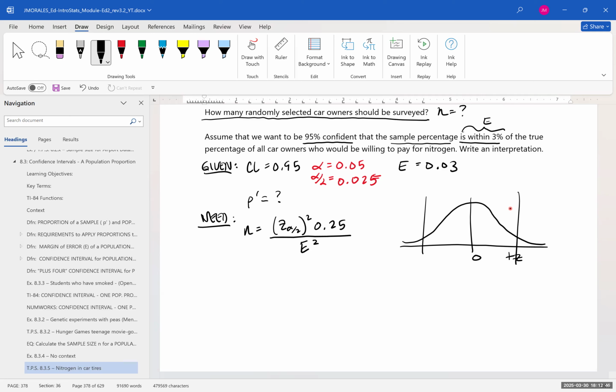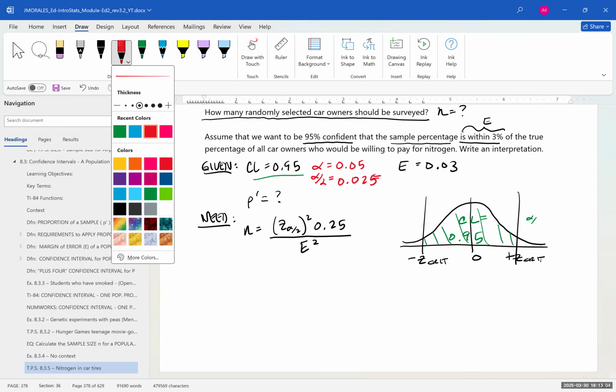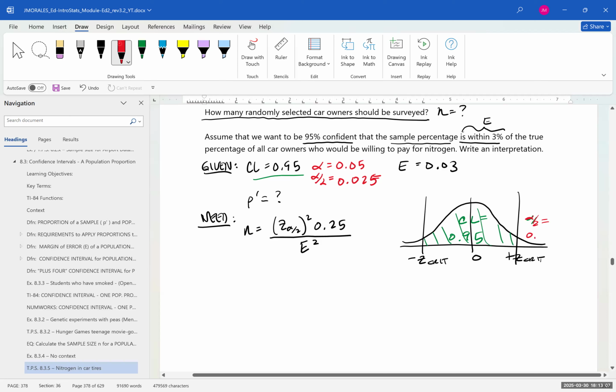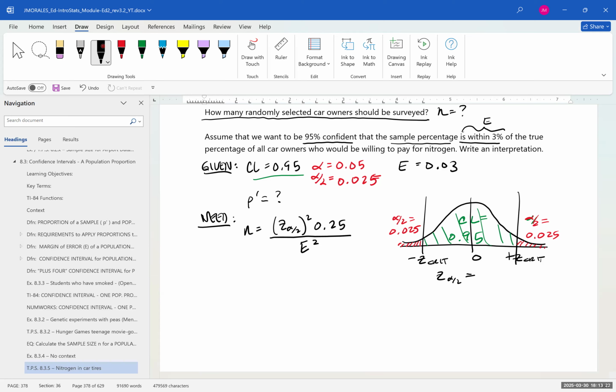This is our positive z critical score, our negative z critical score, with the confidence level in the middle of 95%. Alpha over 2, 0.025 in this tail, 0.025 in that tail. So we're going to have a z alpha 2 of, let's figure that out.